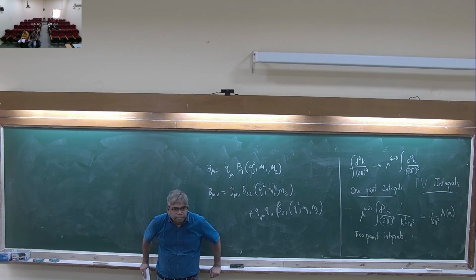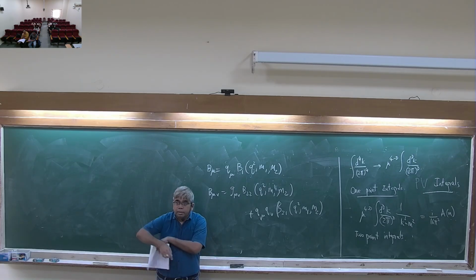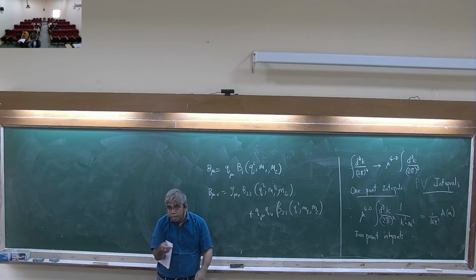I can give you references, but if you are computing something very boosted, for example a process in a collider involving a penguin, say B meson decaying radiatively to gamma and something else, in a collider you cannot set the external momentum of the B to be 0.